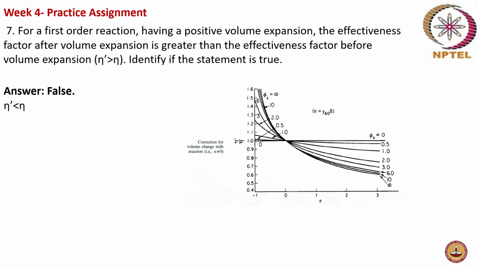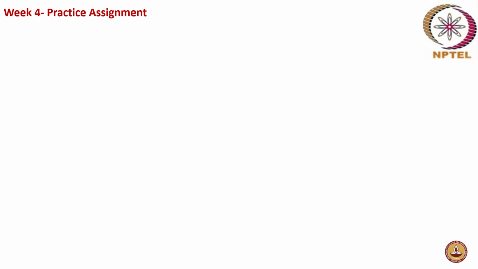Whereas as the epsilon value goes towards positive values, the ratios are smaller. So eta prime falls below 1, right? That means eta prime should be less than eta. So that is the actual scenario. Okay.